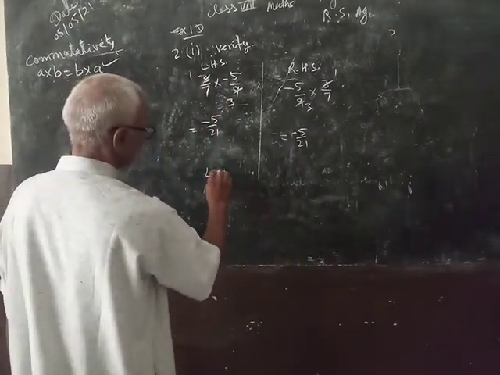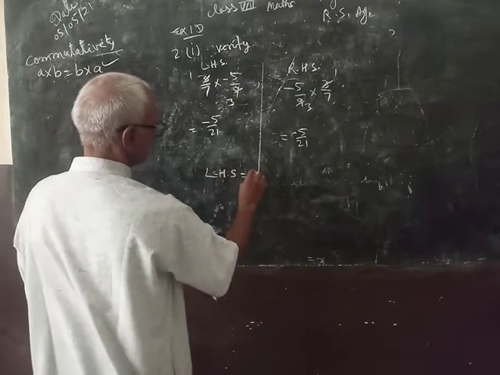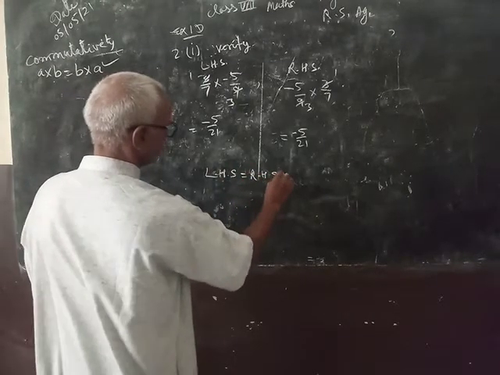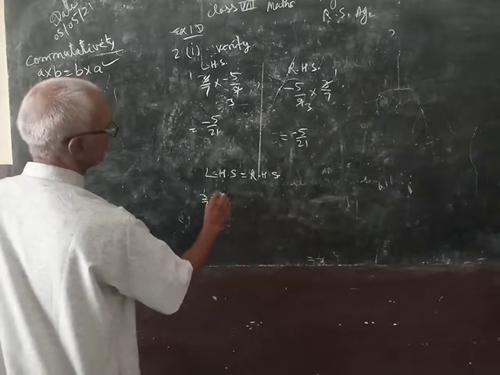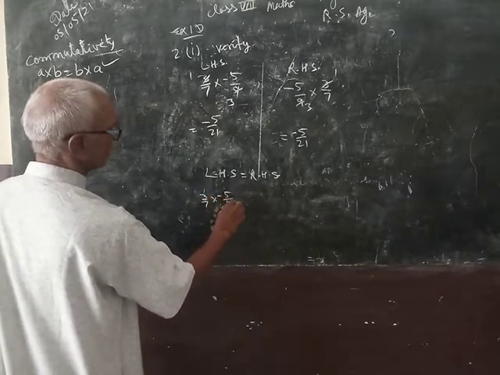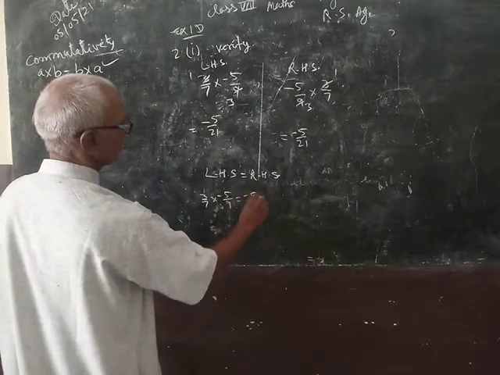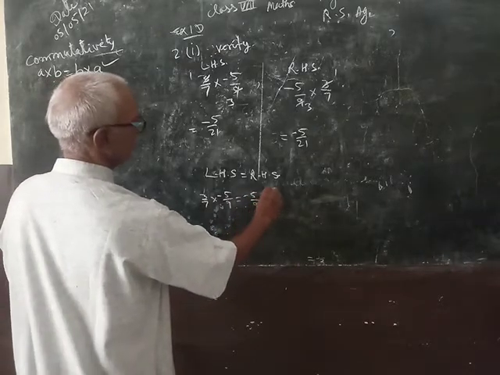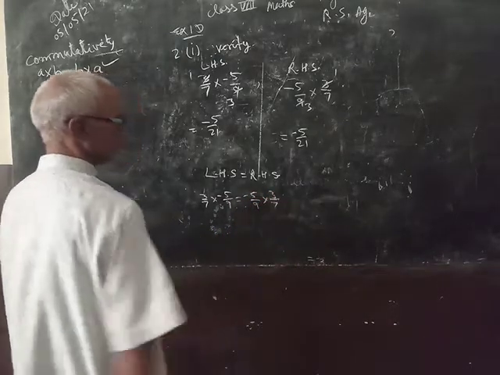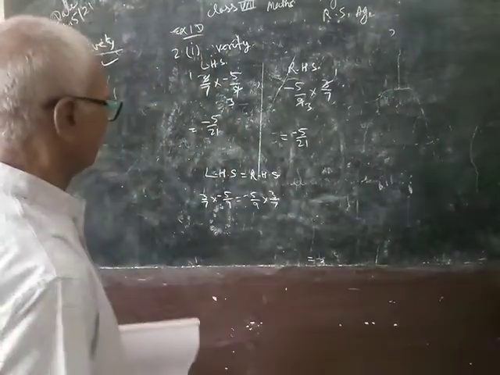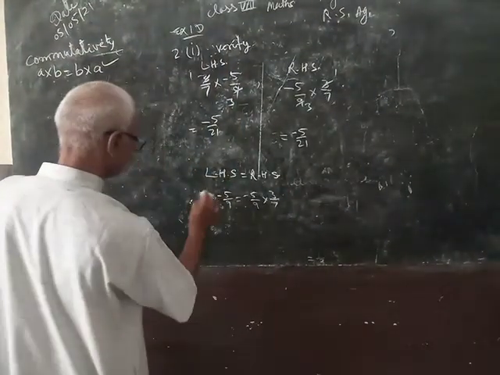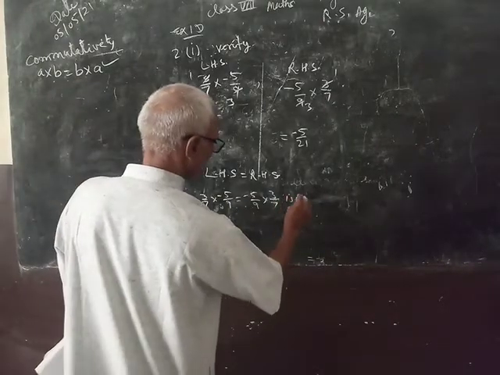Because the left hand side is equal to the right hand side, therefore 3 by 7 into minus 5 by 9 is equal to minus 5 by 9 into 3 by 7. Hence verified.